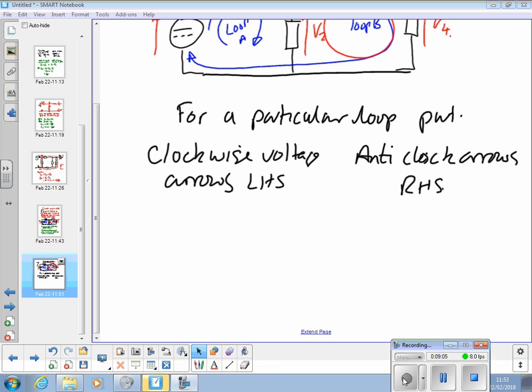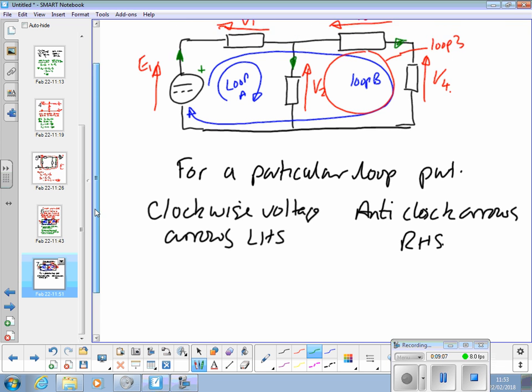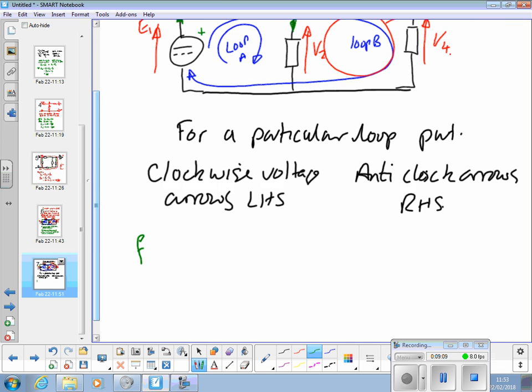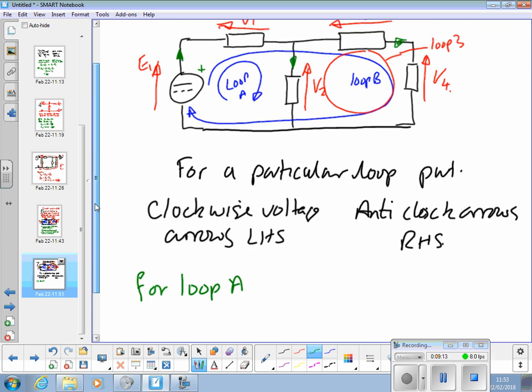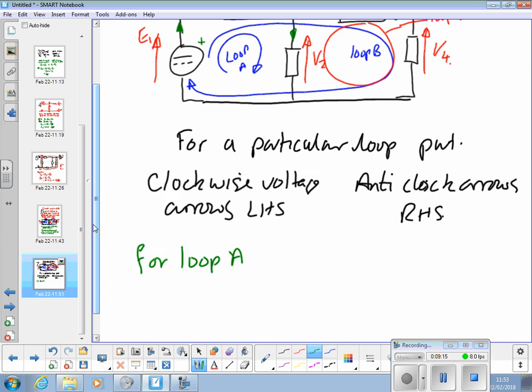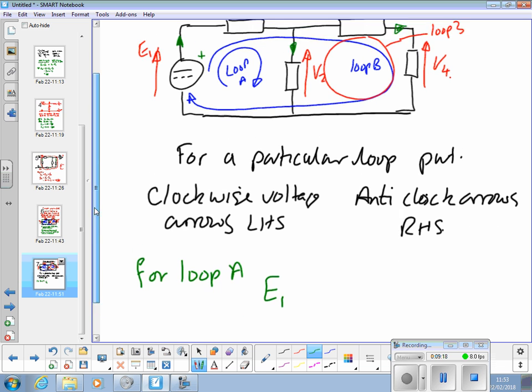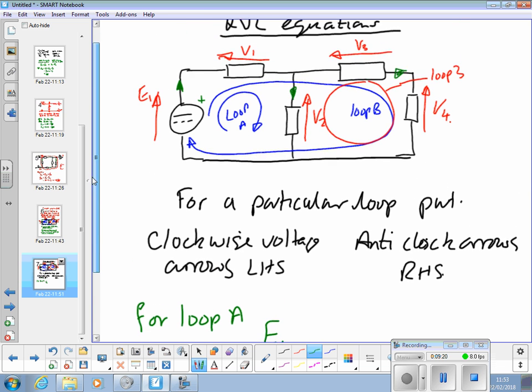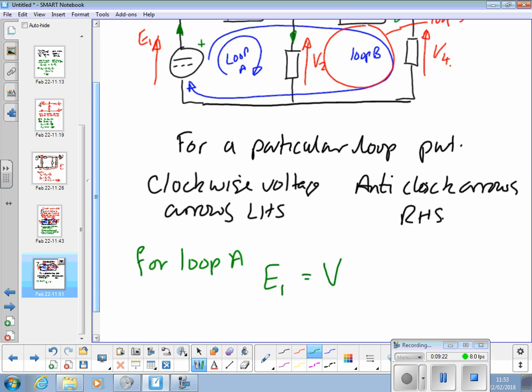For loop A, we'd have clockwise arrows E1, it's the only one, and anti-clockwise arrows equals V1 plus V2. That would be loop 1. So if we knew any two of those voltages, we could find the third one.